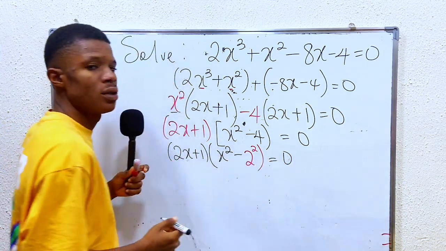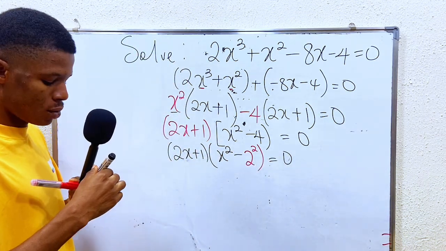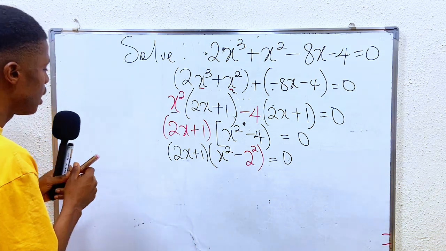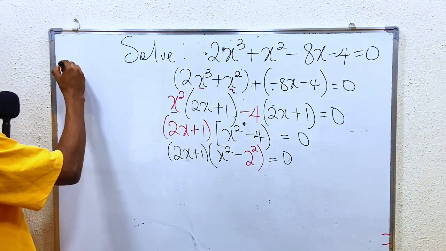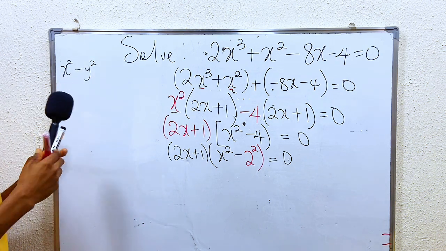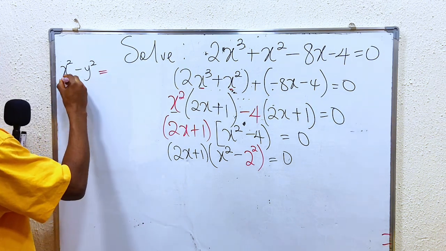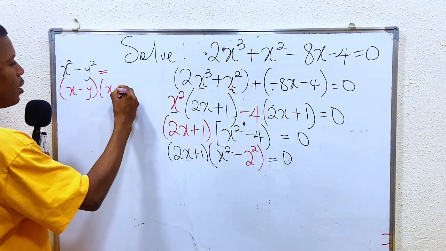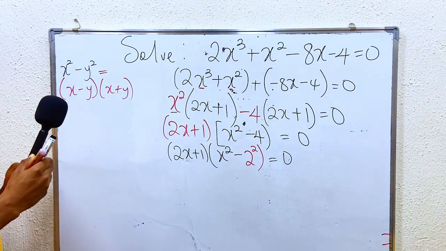That's equals to 0. So since we have this now, you can see that this is clearly difference of two squares. In difference of two squares, when you have x squared minus y squared, the answer is x minus y into x plus y. That's the expansion.